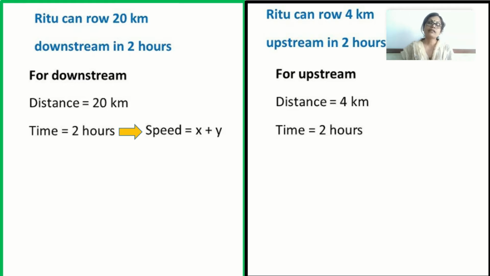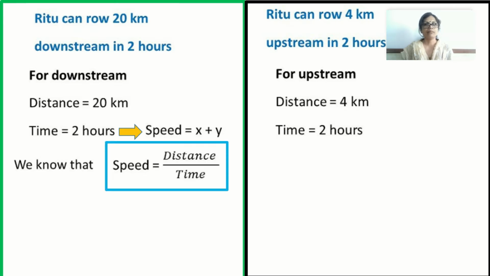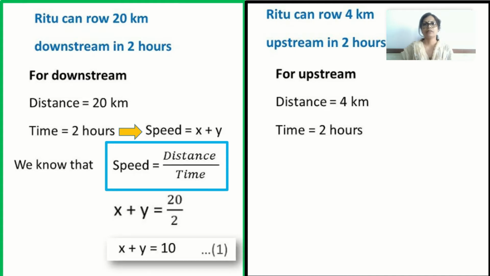But now how will we write the condition? For that, you all are aware that speed is equal to distance upon time. This is our formula. Substitute the values. Speed we have taken as x plus y, distance is given as 20 km, and time is 2. So we get our first equation, x plus y is equal to 10, as equation 1.